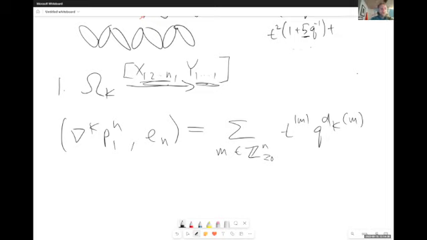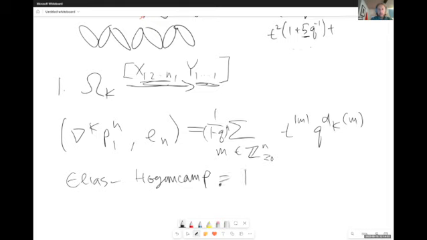This is a formula from a well-known paper of Ben Elias and Matt Hogancamp. I forgot to put 1 over 1 minus q to the n.